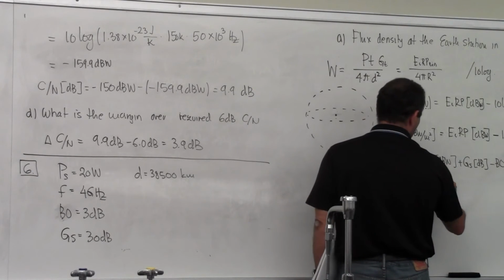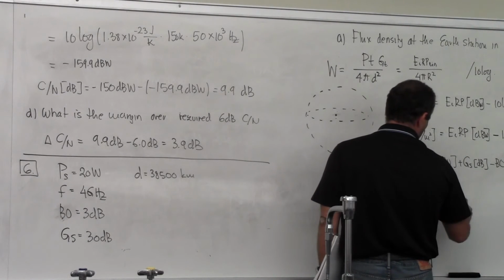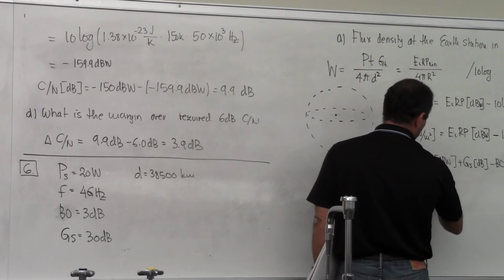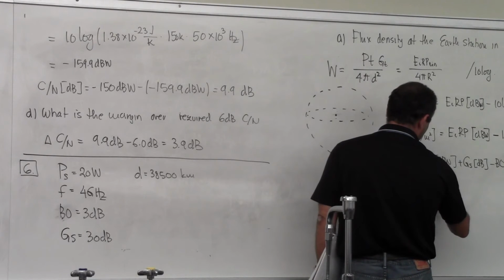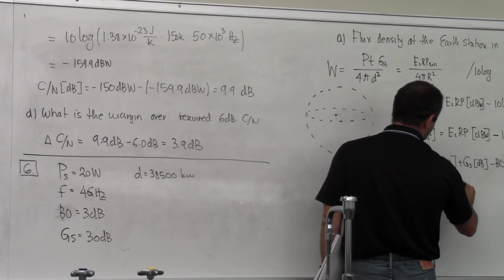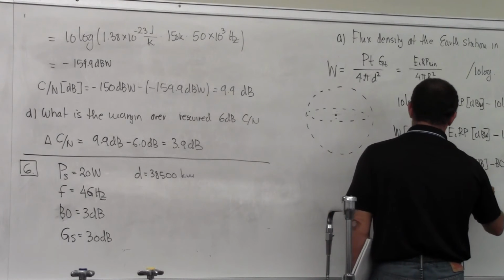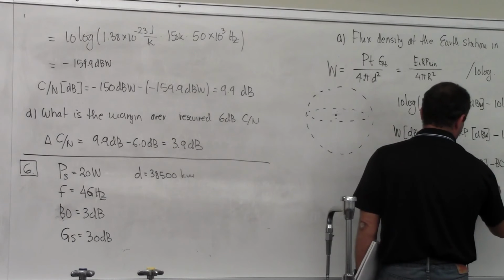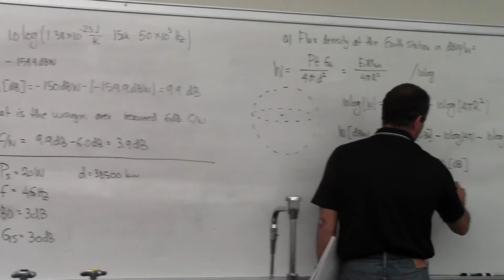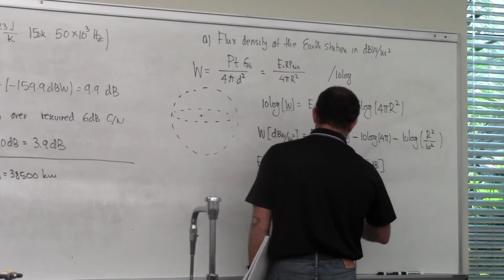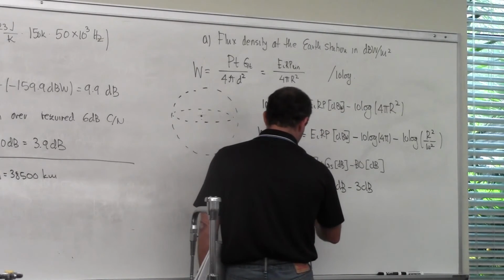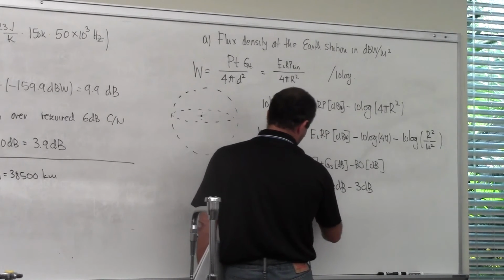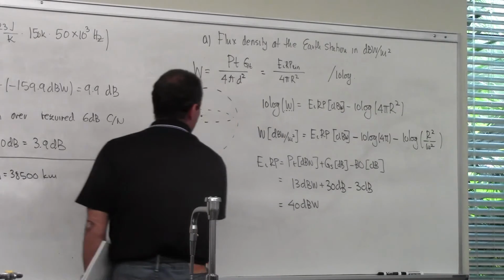So 20 watts is 13 dB watt, 43 dBm, right? Plus the gain of the satellite antenna, which is 30, and then minus 3 dB of backoff, which gives you 40 dB watt as your EIRP.